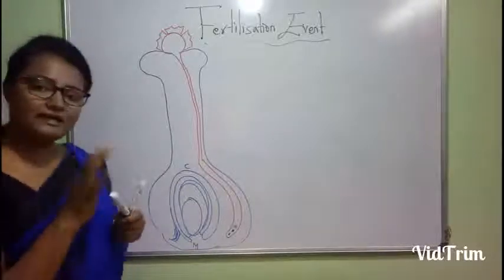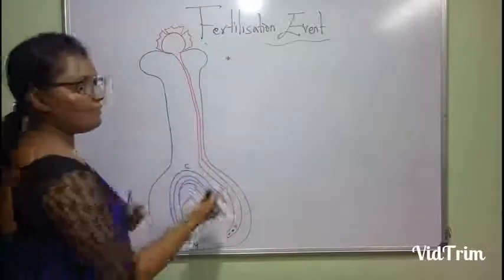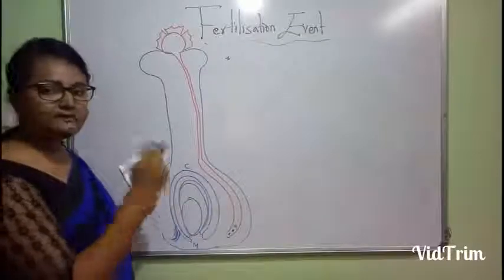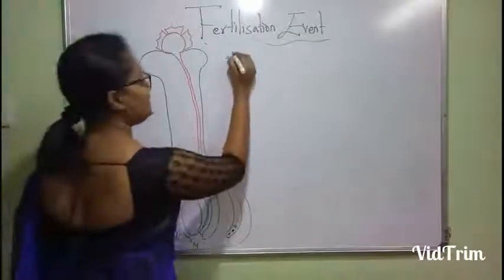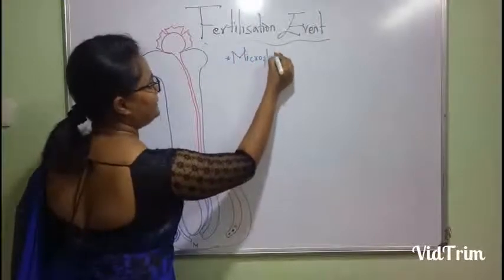In angiosperms, in the maximum percentage of plants, the entry of the pollen tube will be through the micropylar end only.